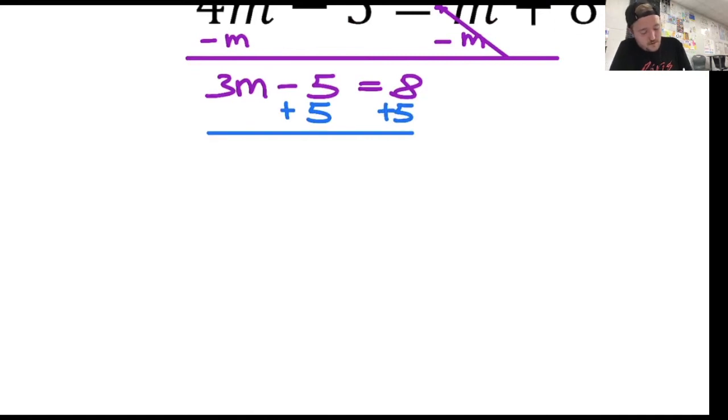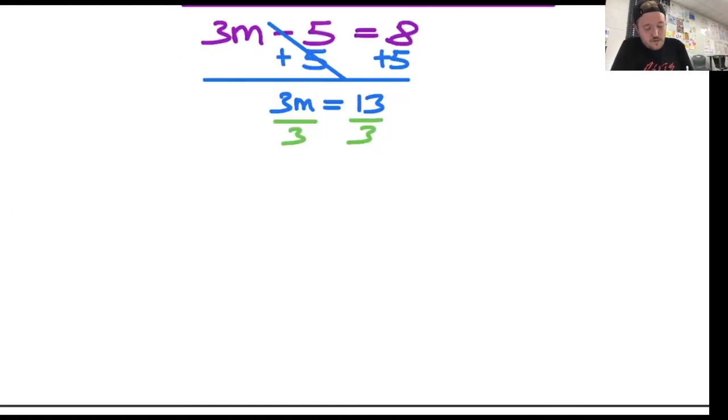So I have 3m equals 8 plus 5, which gives you 13. Zero out. So now you want to divide. So you're going to have 13 over 3, which cannot be simplified. So just leave your answer as 13 over 3.